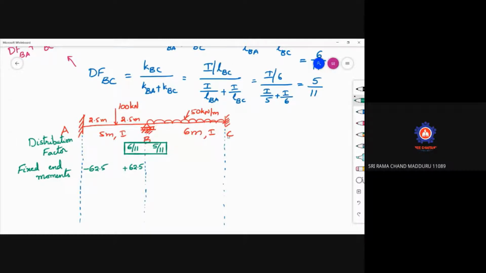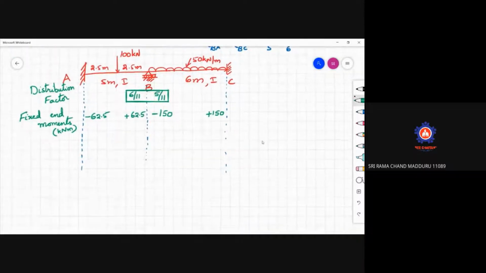Now here enter the value of MFBC as whatever you got, 150. With the sign you have to write it as minus 150. And for MFCB, the value is plus 150. The values are entered in terms of kilonewton meter. Complete till now?